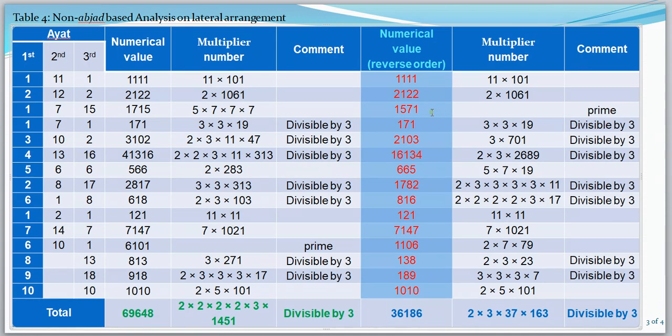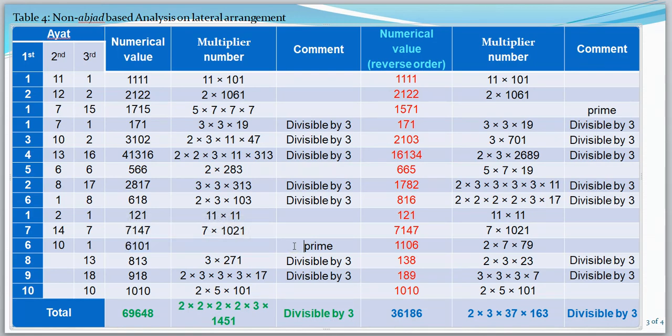So in this column, we see also that there is one prime number, just like in reverse order fashion. There is also one prime, just like in ordered fashion, where we get also one prime.